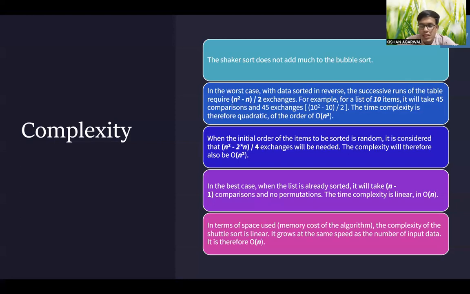The time complexity is linear, that is big O of n. In terms of space used, the memory cost of the algorithm, the complexity of the shuttle sort is linear. It grows at the same speed as the number of input data, that is big O of n.